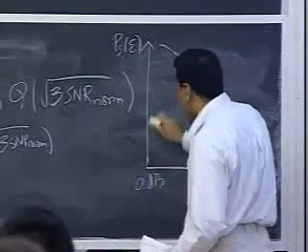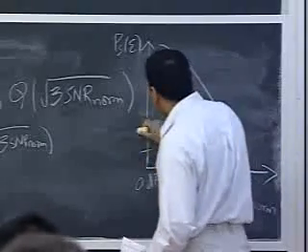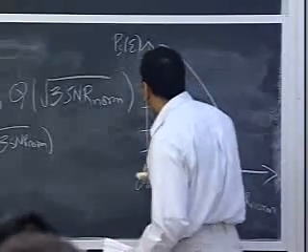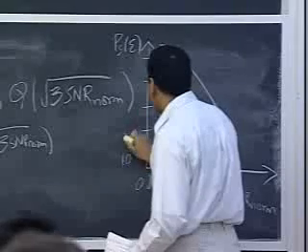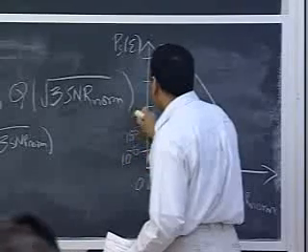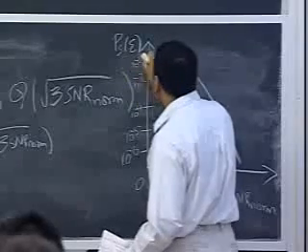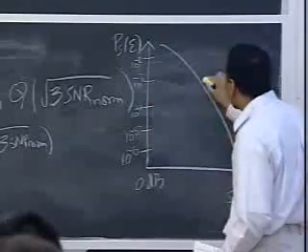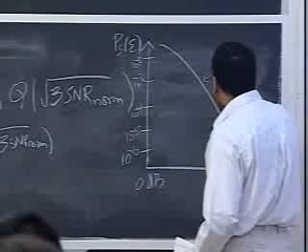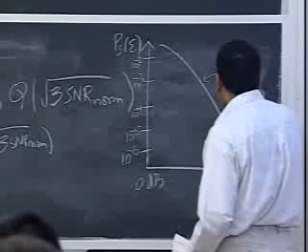So this is my Shannon limit point. This is 10 to the minus 6, 10 to the minus 5, 10 to the minus 4, 10 to the minus 3, 10 to the minus 2, and so on. This is going to be the performance of MPAM.